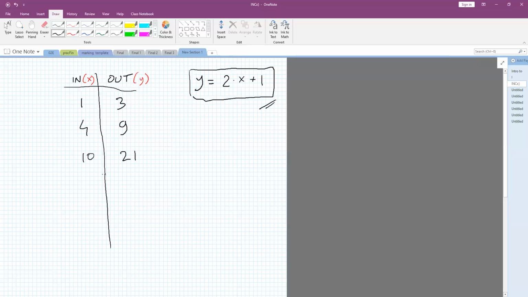I have now this y, it's 33. The question is, what is the x value that can give you this y value using the rule y equal to 2x plus 1? 16. Very good, very good.